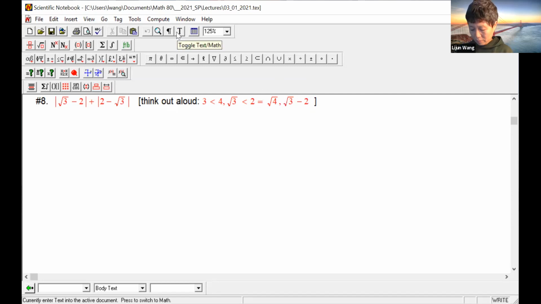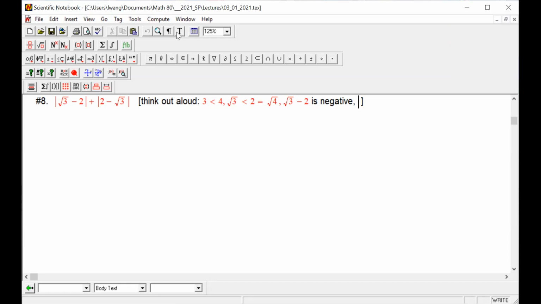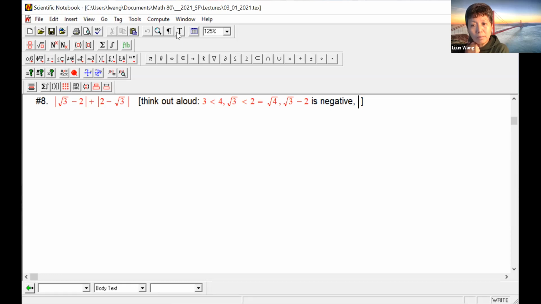Agree? Does everybody follow me? If root 3 minus 2 is negative, the absolute value of a negative number is what? Is its opposite.